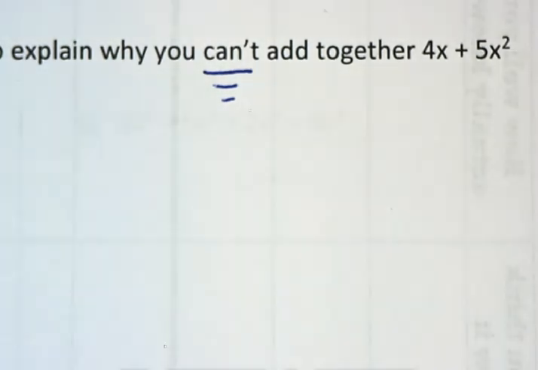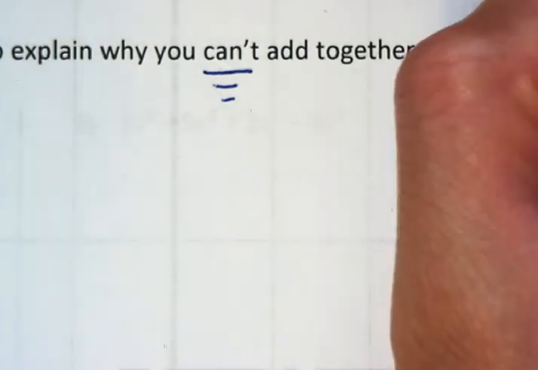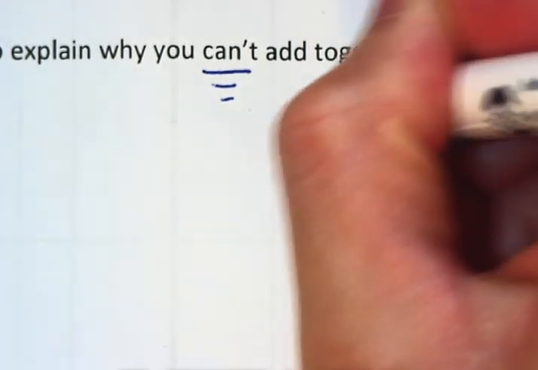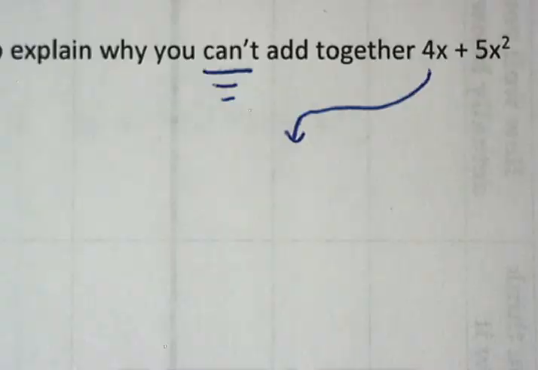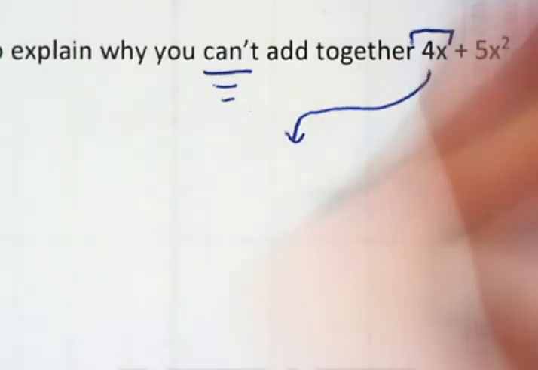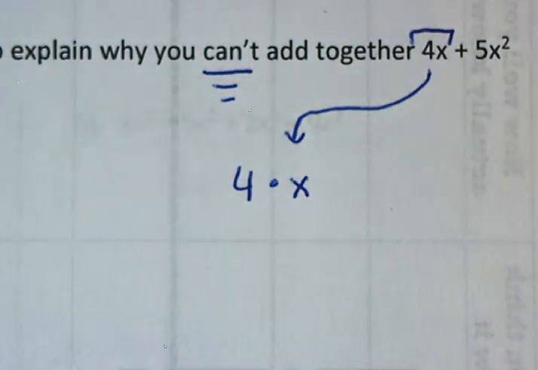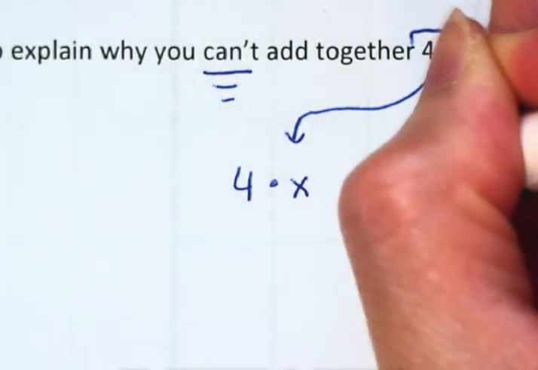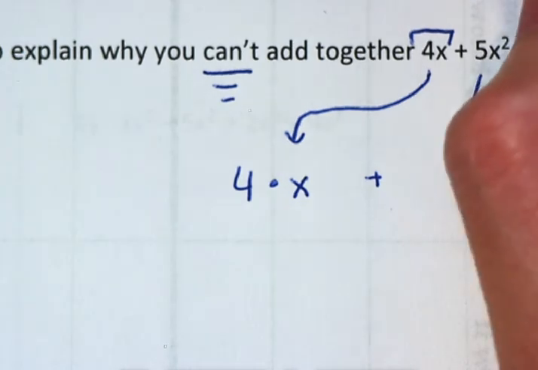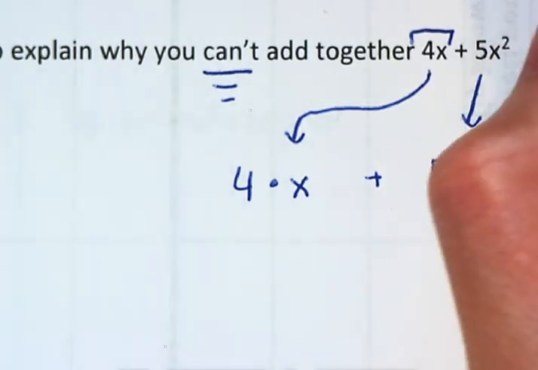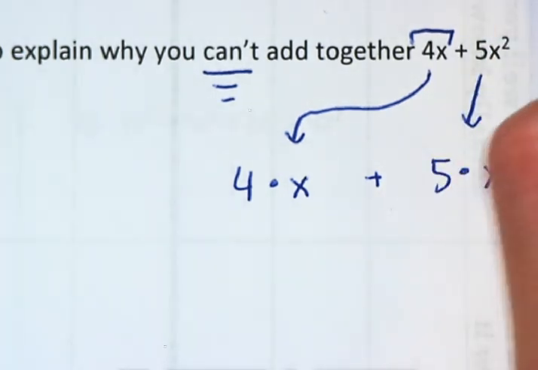And I'll give you a hint. I want you to think of this term right here as 4 times x. And I want you to think of this term right here as 5 times x squared.